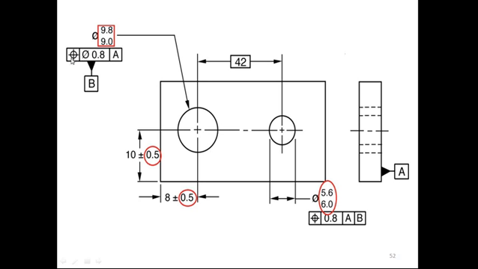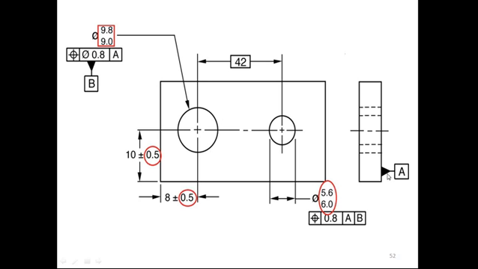This symbol represents a position symbol, and it tells you the position of this hole with respect to A. What is A? This is the bottom of this plate. We have given datum A to the bottom.